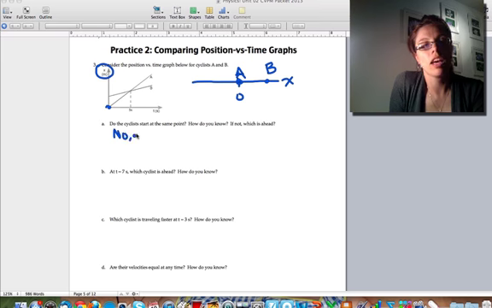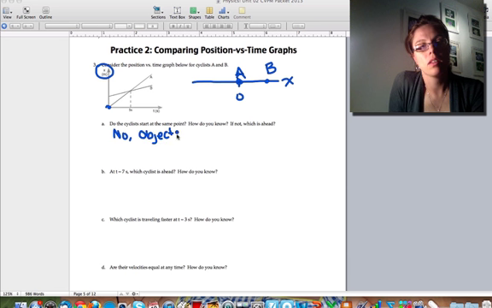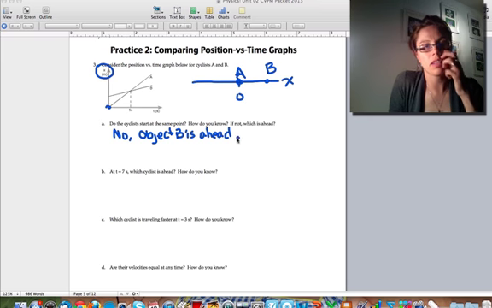No. How do we know? Both lines don't start at the same point. They don't have the same y-intercept. So object B is ahead.